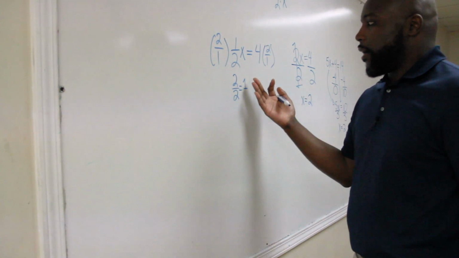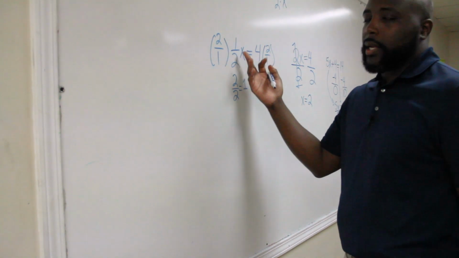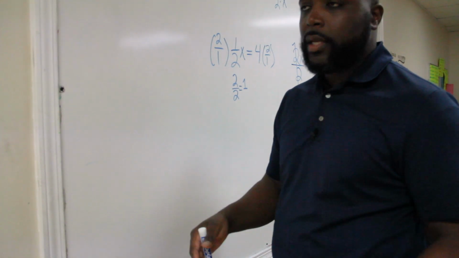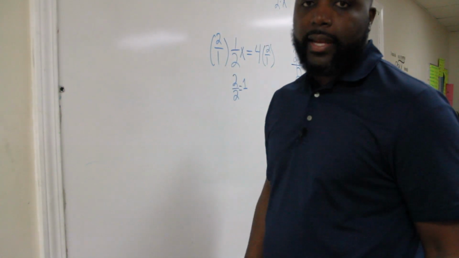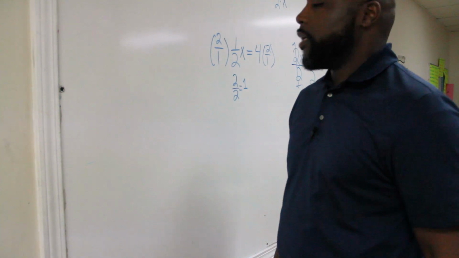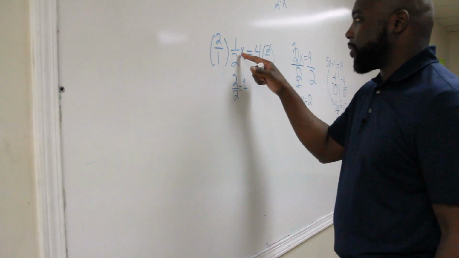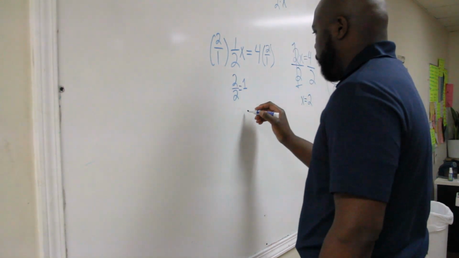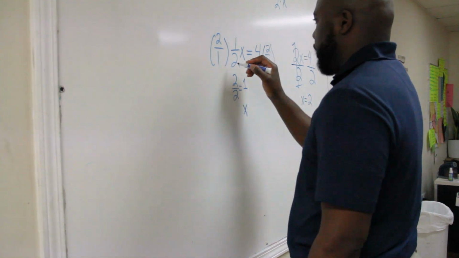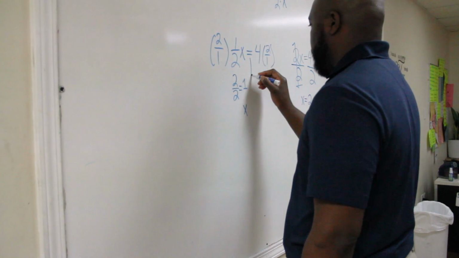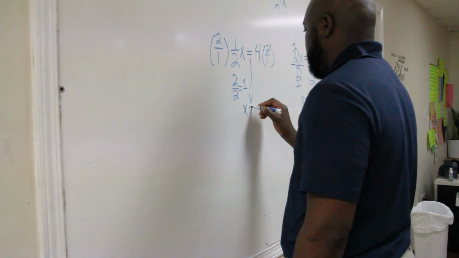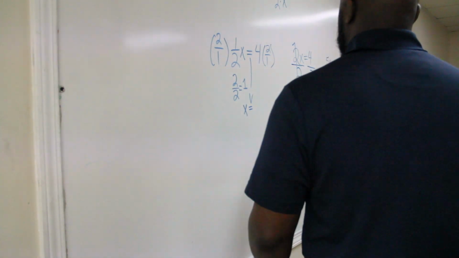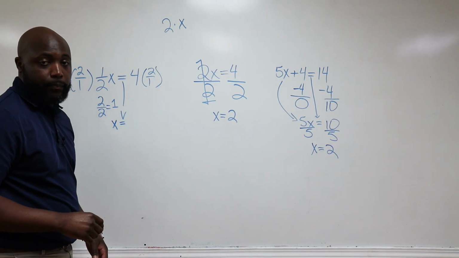Therefore, we don't place the 1 in front of the variable, because 1 times anything is going to be whatever that number or variable is. So we know that 1 times x is simply x. Therefore, we have x, we bring down our equal sign, and then we have 4 times 2 over 1.